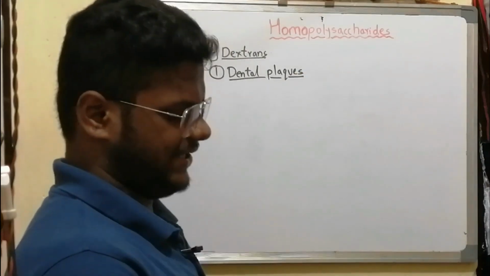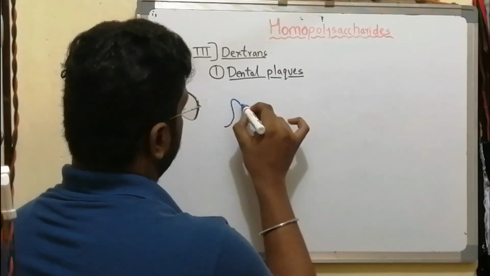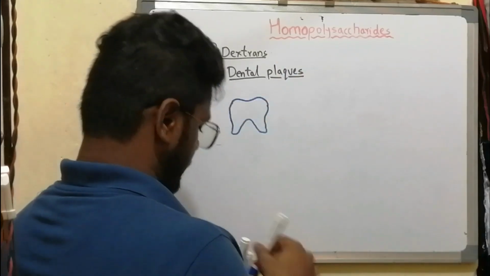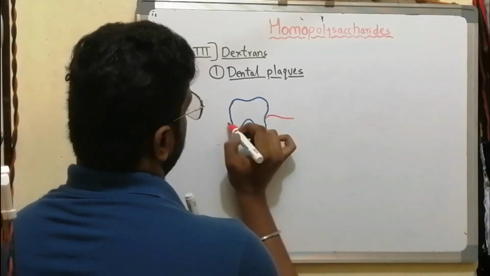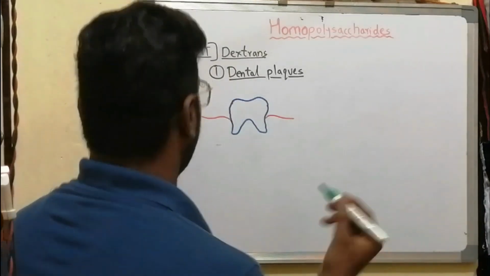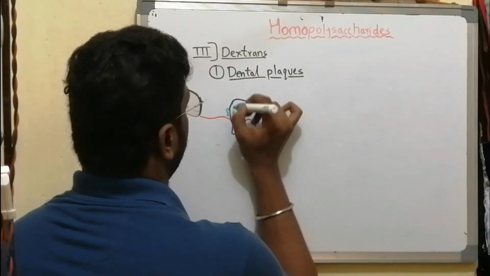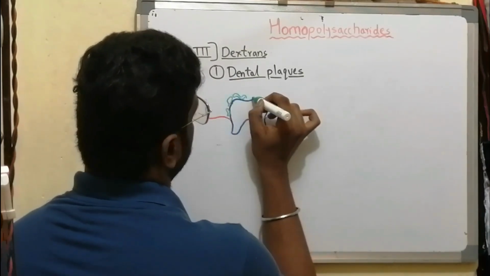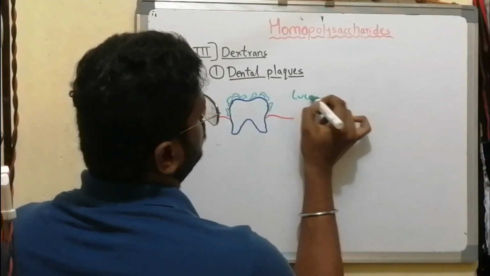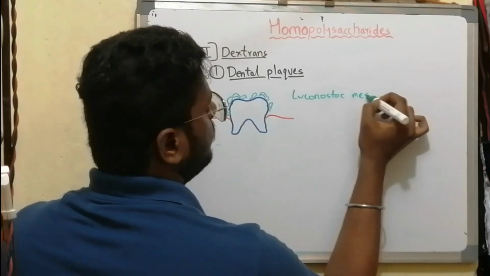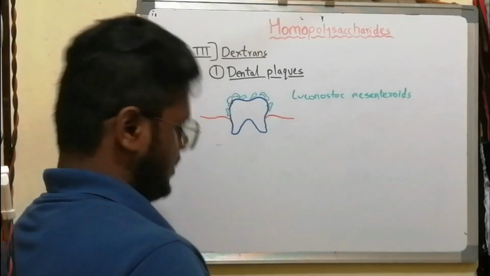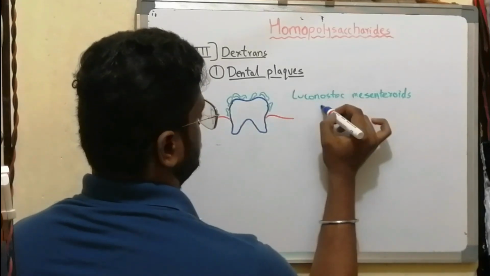So imagine we have a tooth here, and we have some bacterial colonization over it, or normal bacterial flora of the teeth. Now, these bacteria are Leuconostoc mesenteroides, and these are non-pathogenic species.